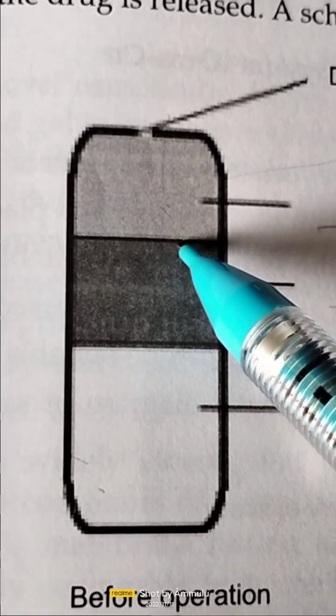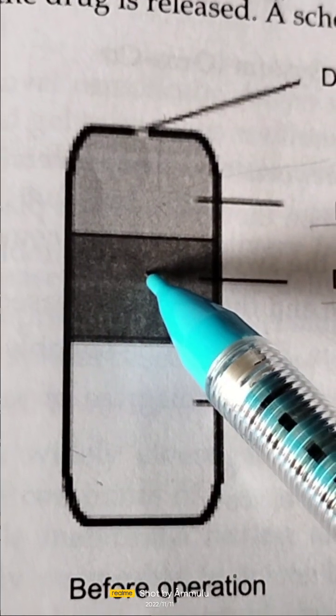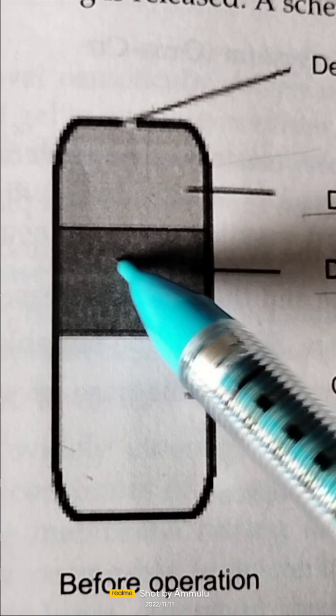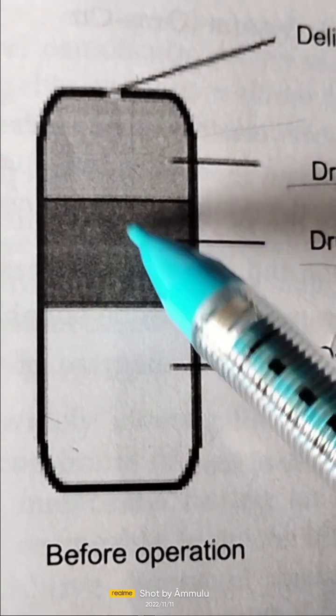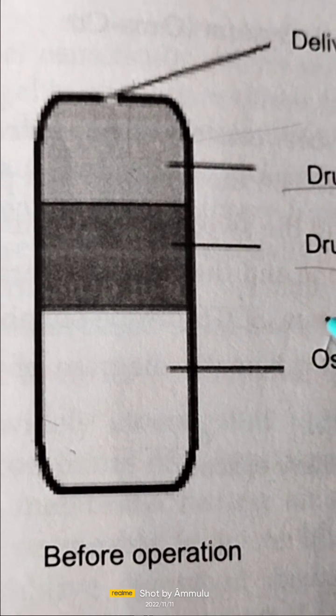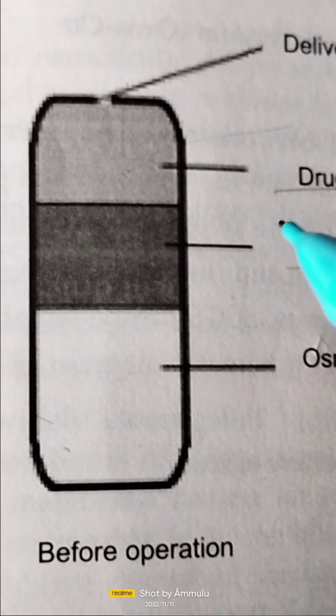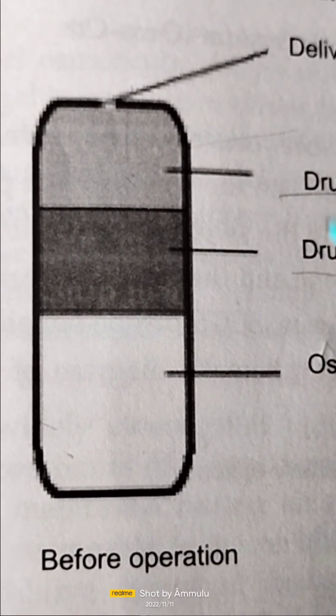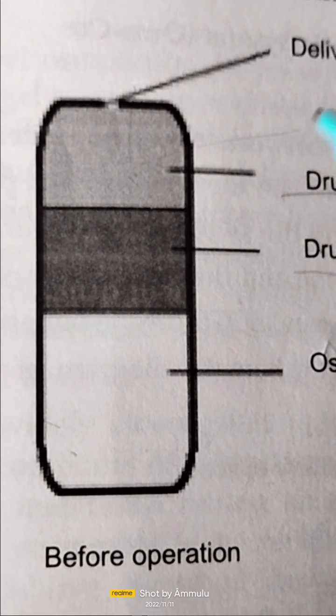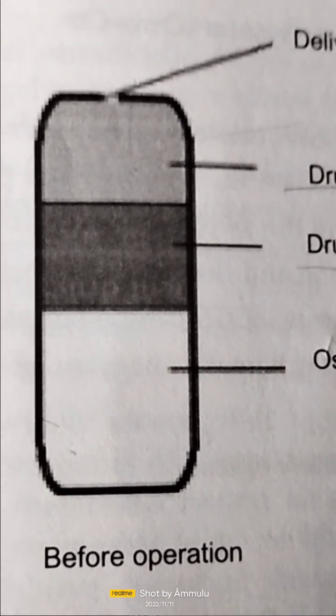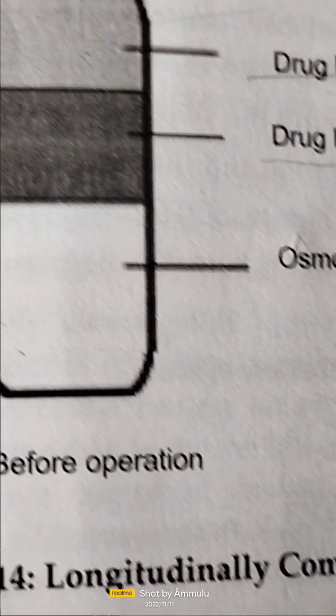Similarly, there is the push-pull system. The delivery of drug is unaffected by the gastric pH and the presence of food, which depend upon the gastric tract to release the drug.